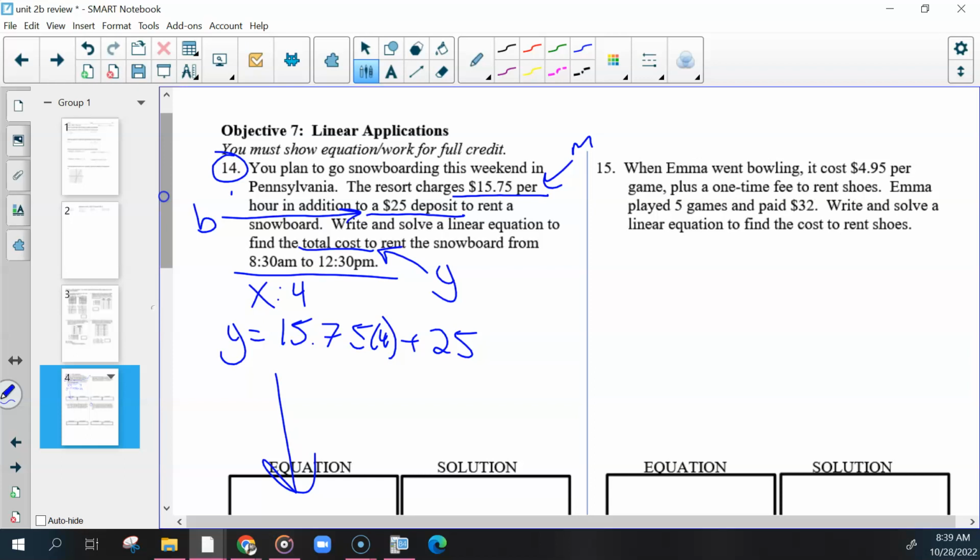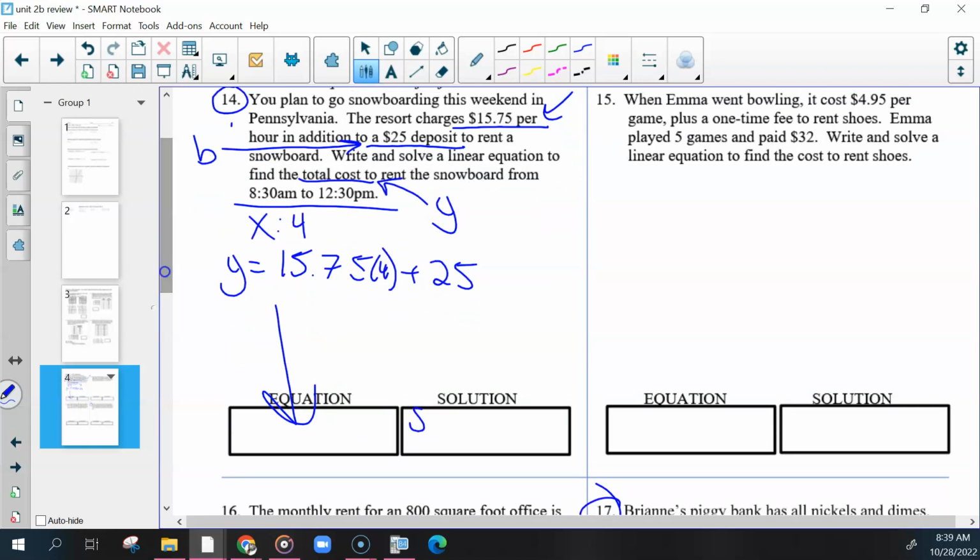I don't remember what the answer to this is, so someone look that up, or someone do that. What would this be? The answer.